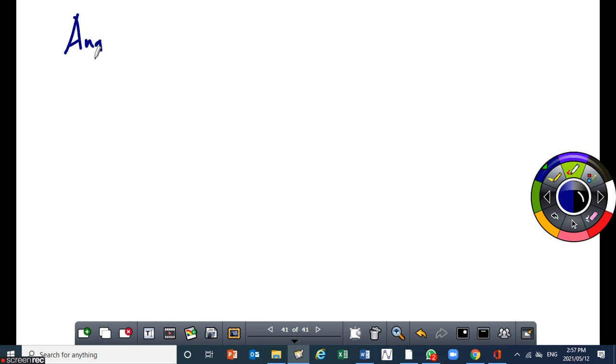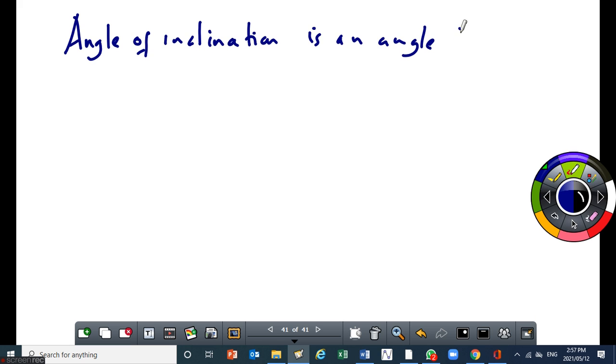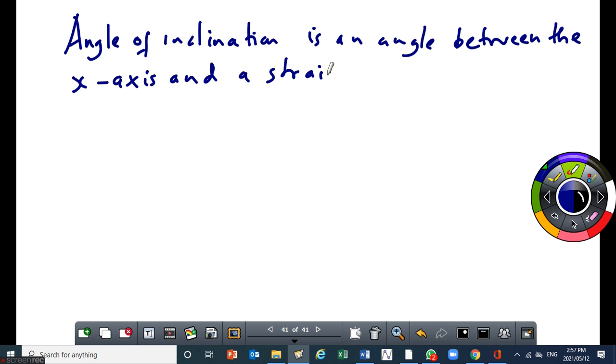The angle of inclination is an angle between the x-axis and a straight line. You have to know this before you start doing the question.